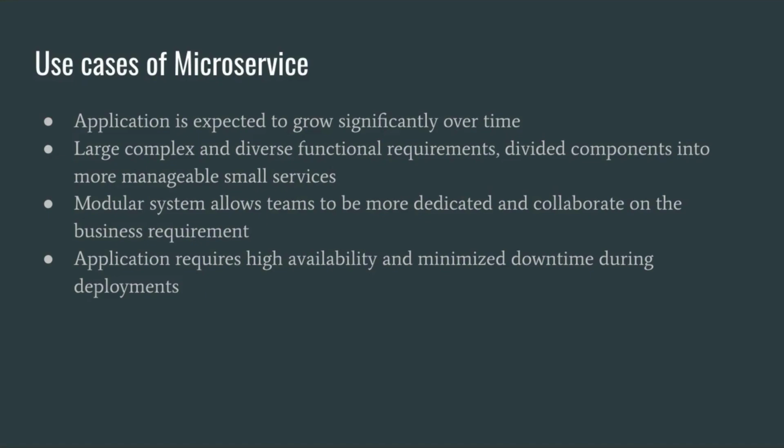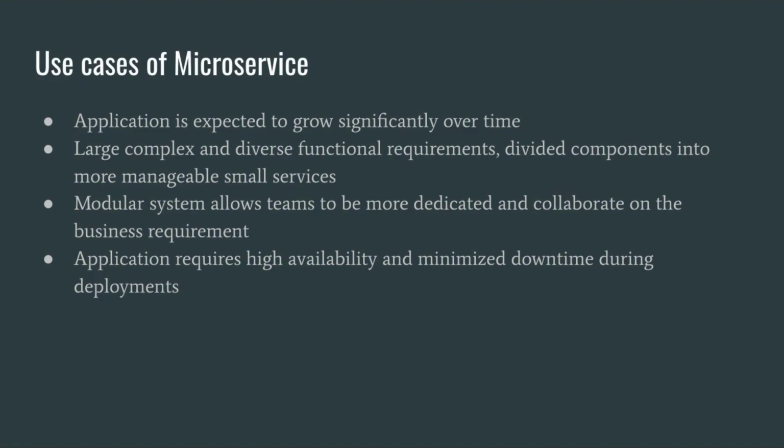The different components are divided into smaller teams that can focus on each service independently, and then be able to collaborate on the business requirement and which team needs to contribute what service in the bigger scheme of things. And then the application requires high availability and minimized downtime during deployment.